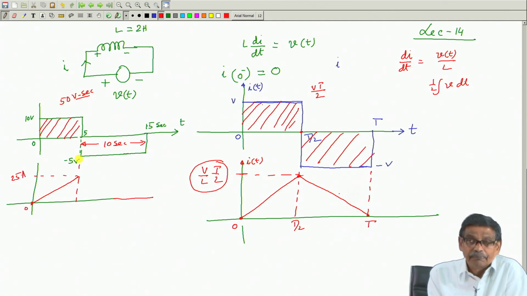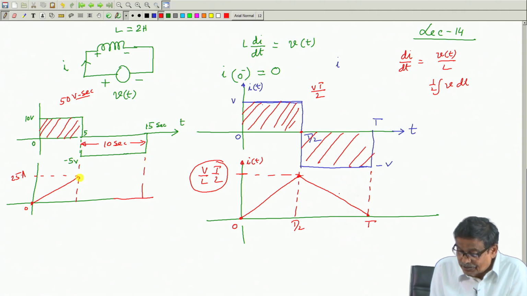In the negative voltage when you have applied, how much volt second you have applied? Once again 50, but in the negative sense. Therefore, current will once again become 0 at this point.